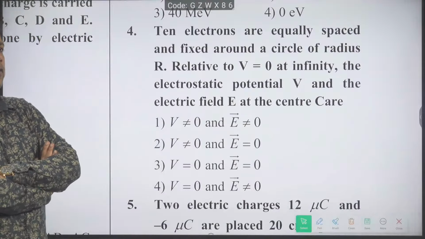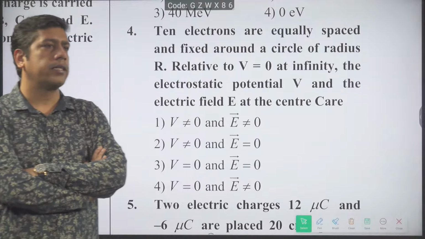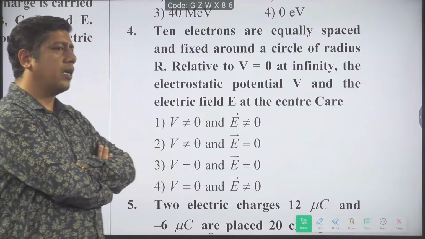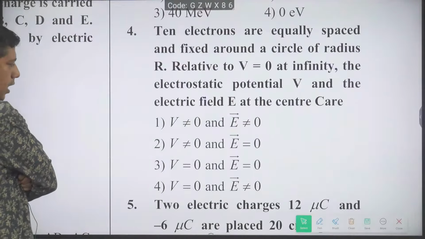10 electrons are equally spaced and fixed around a circle of radius r. Relative to V equal to 0 at infinity, the electrostatic potential and the field at the center are?